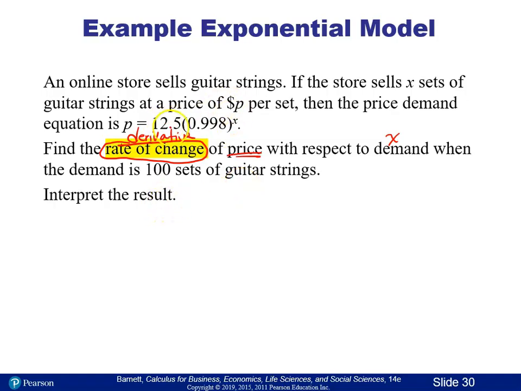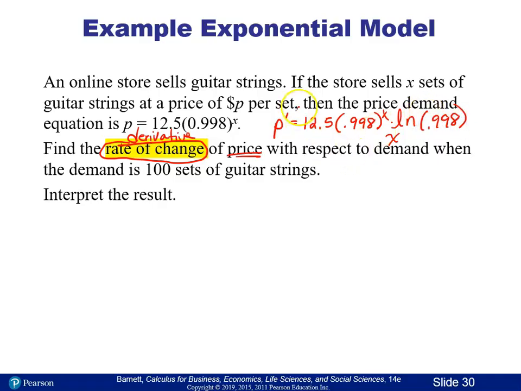Okay, so I'm going to find the derivative of this function here. Okay, so I have a constant multiple. That's the 12.5. And then our rule says we're going to have our exponential function, and then we're going to have the natural log of our base.